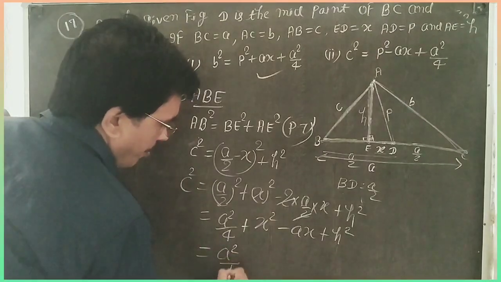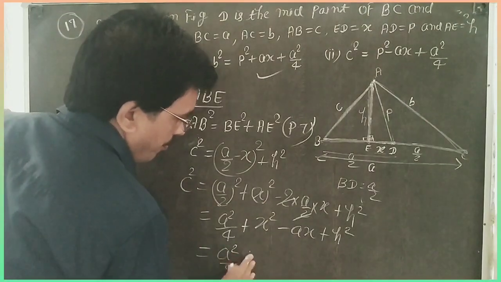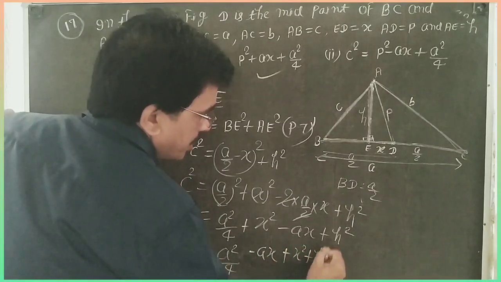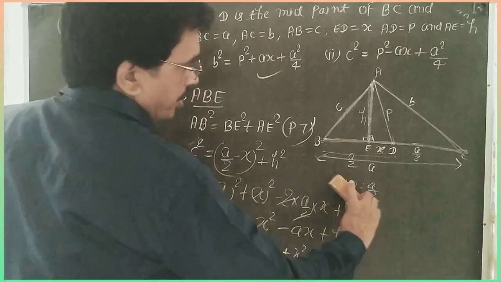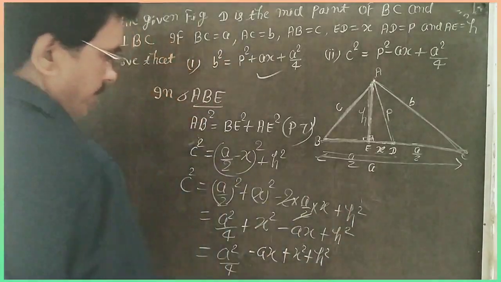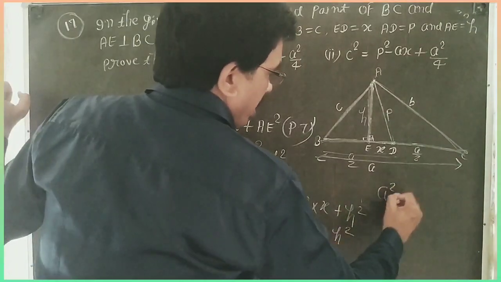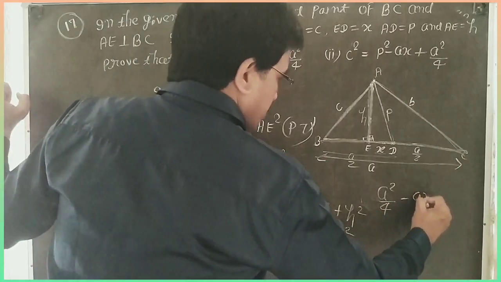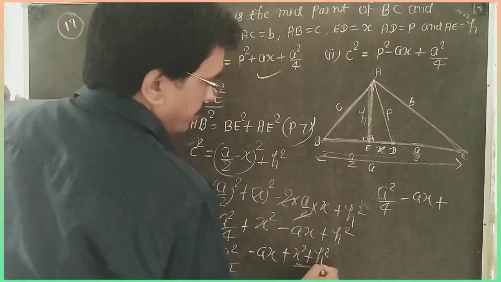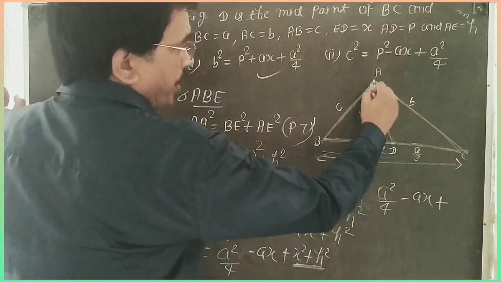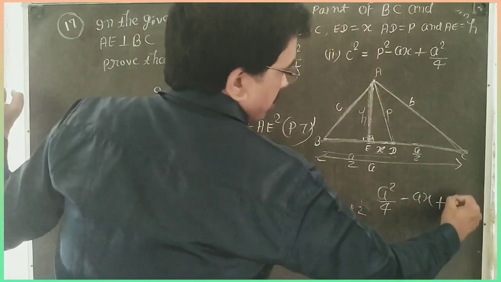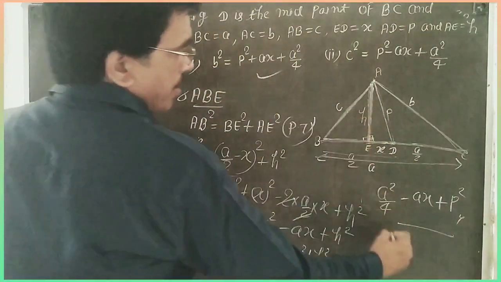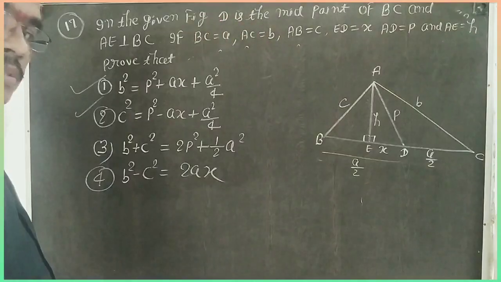A square by 4 minus ax plus x square plus h square. What you get? You get here a square by 4 minus ax, and plus the value of this, x square plus h square is p square. This is the solution, and it is the second part of this question number 7.